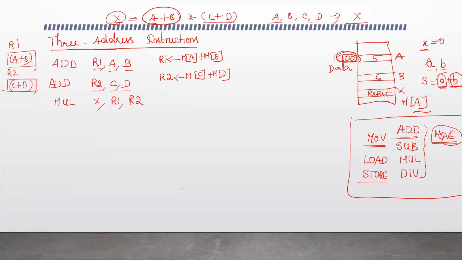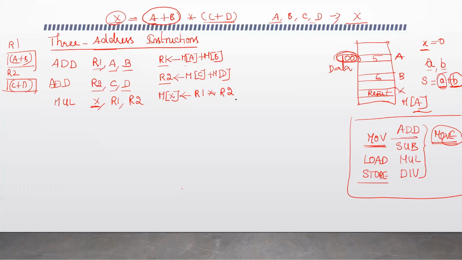In the expression X equal to (A plus B) into (C plus D), we take a memory address here, we give a memory address X. So the meaning of this is memory at location X gets the result of R1 into R2. We have the intermediate result of A plus B in R1 and C plus D in R2.